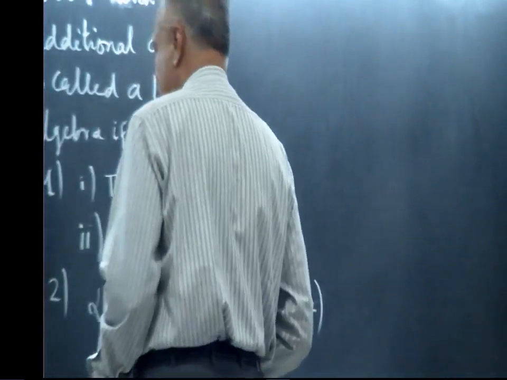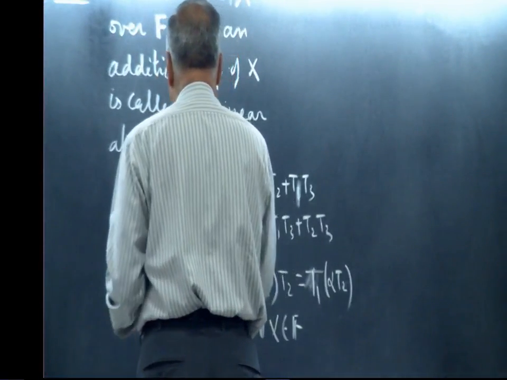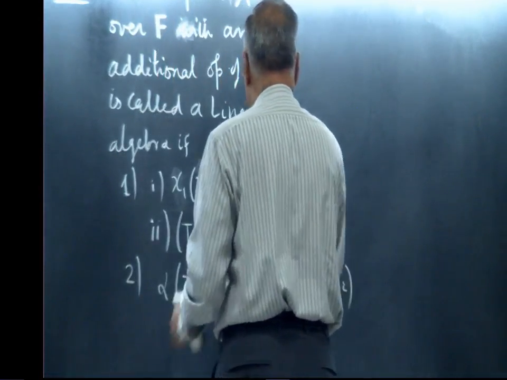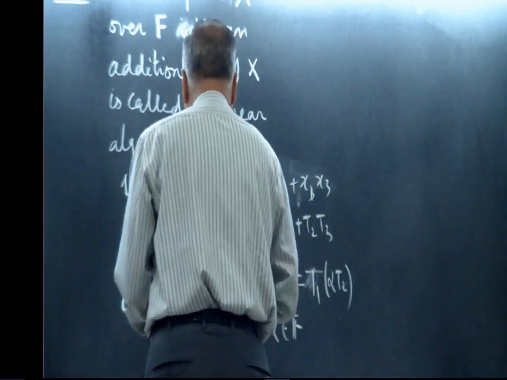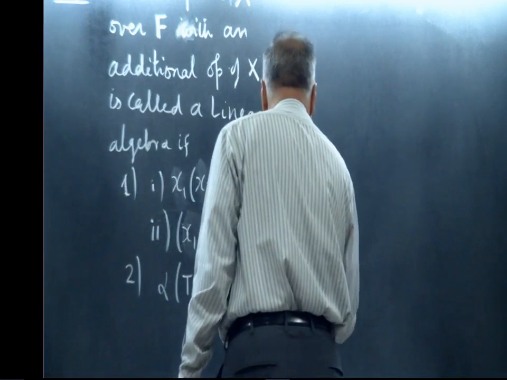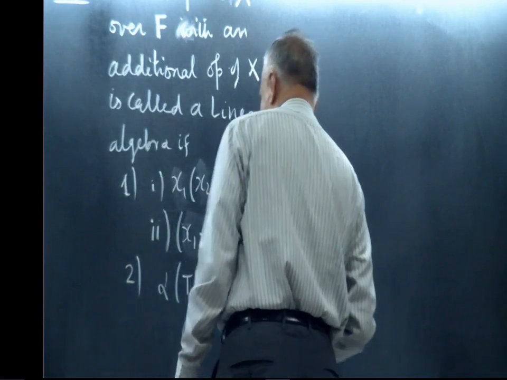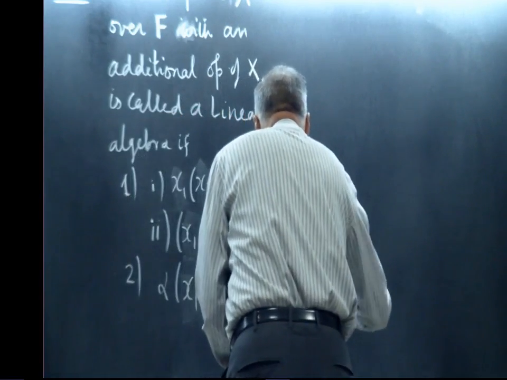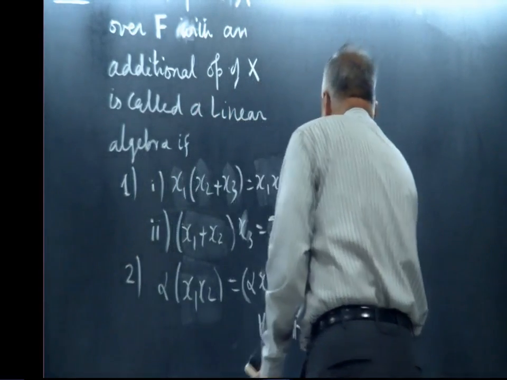I should not even write T1 T2 here, probably I should write x1 x2, because do not think of them as transformations. x1 into (x2 plus x3) is x1 x2 plus x1 x3, and then (x1 plus x2) into x3 is x1 x3 plus x2 x3, and then alpha (x1 x2) is (alpha x1) x2 is equal to x1 (alpha x2).